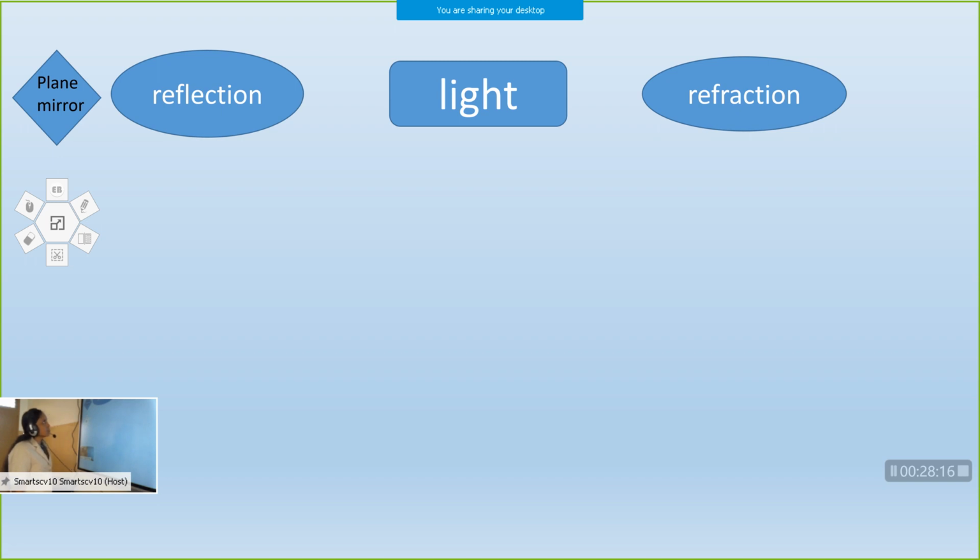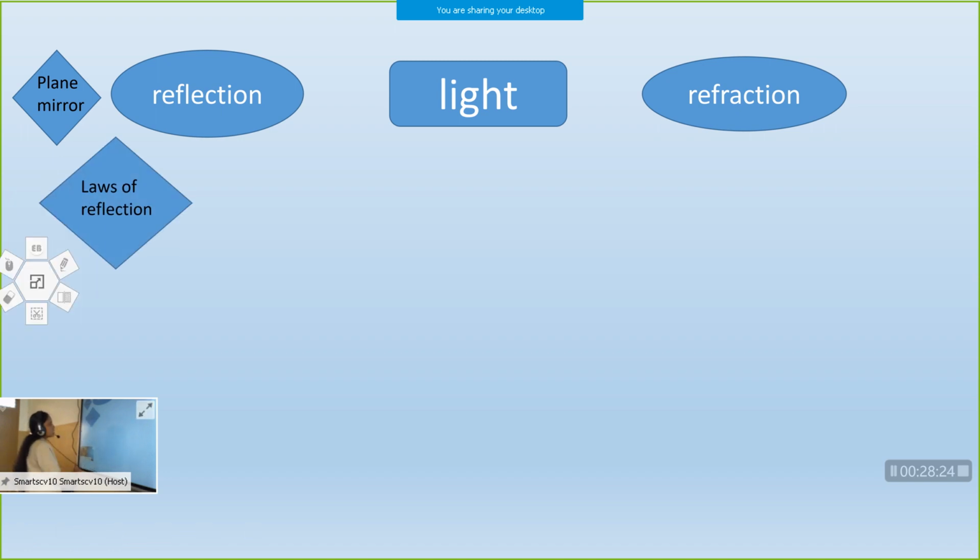And we learned laws of reflection. There are two statements: angle of incidence is equal to angle of reflection, and the incident ray, reflected ray and normal all lie on the same plane.